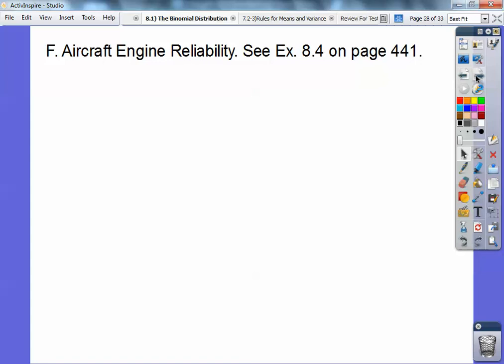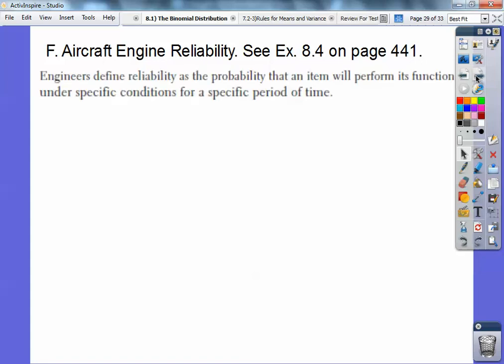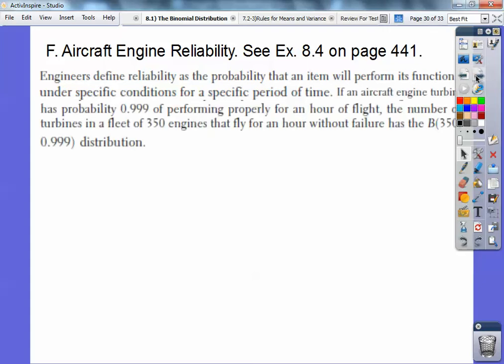Let's see, aircraft engine reliability. This is example 8.4 on page 441. Engineers define reliability as the probability that an item will perform its function under specific conditions for a specific period of time. If an aircraft engine turbine has a probability of 0.999 of performing properly for an hour of flight, the number of turbines in a fleet of 350 engines, there's my n, and my p is this, that fly for an hour without failure has the binomial distribution B(350, 0.999).